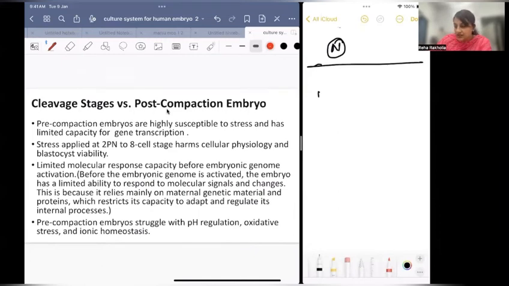Now, the pre-compaction embryo struggles with stress and gene transcription.